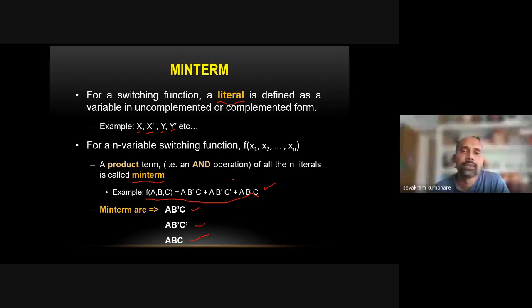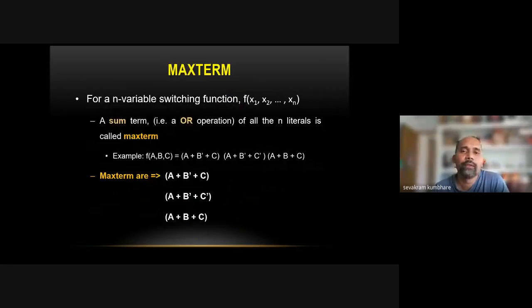Next, maxterm. For an n variable switching function f of x1 up to xn, previously we saw the product term, now it is the sum term. A sum term, that is an OR operation of all n literals, is called maxterm. This you have to keep in mind. Let us assume this is a function.